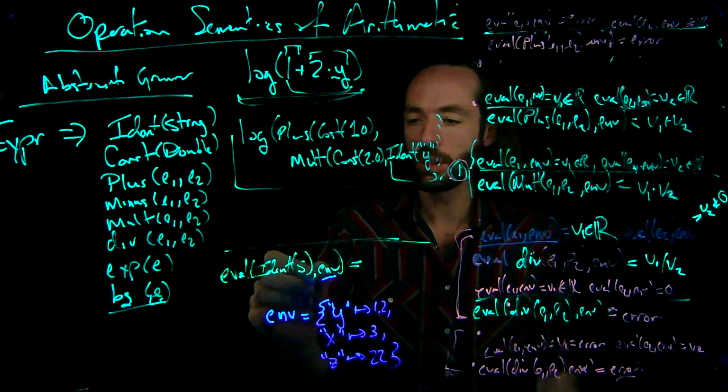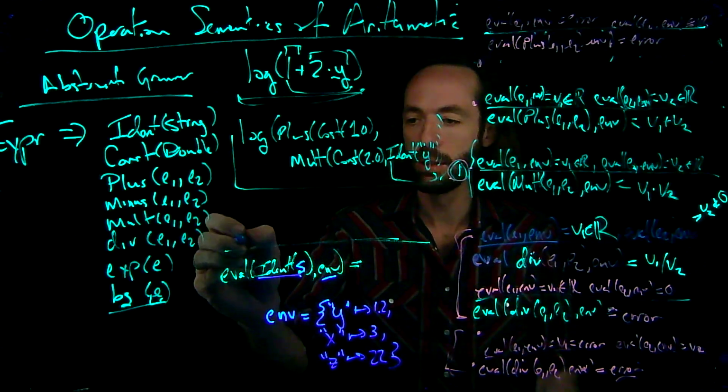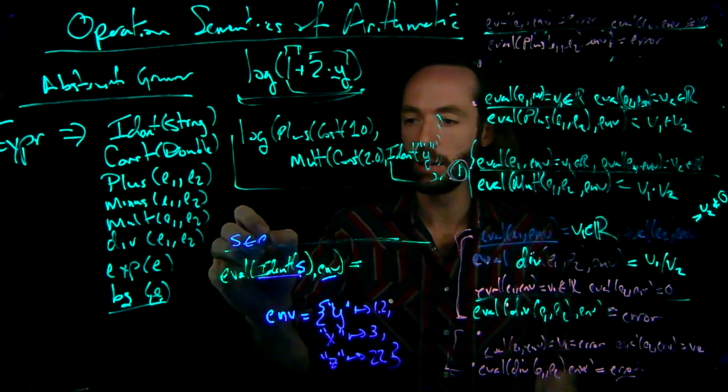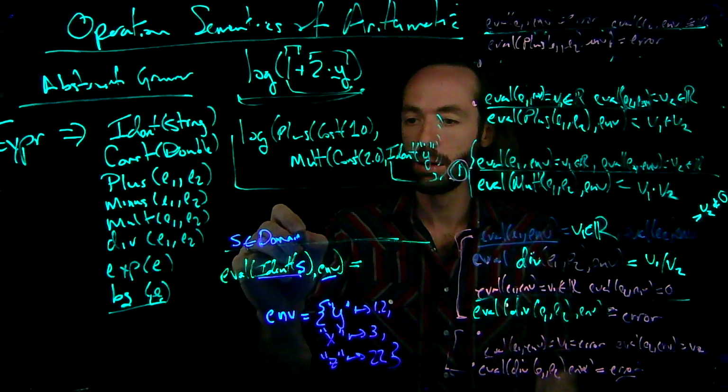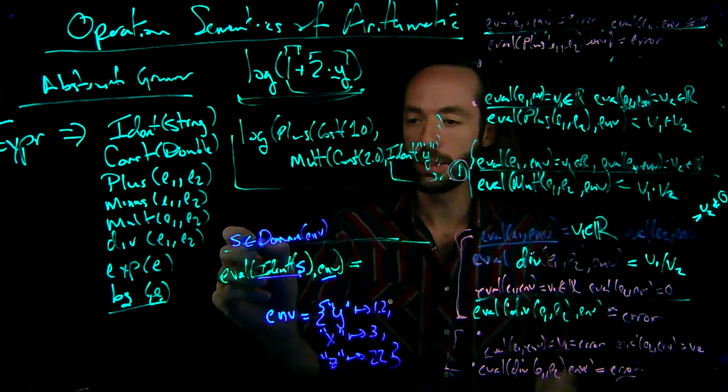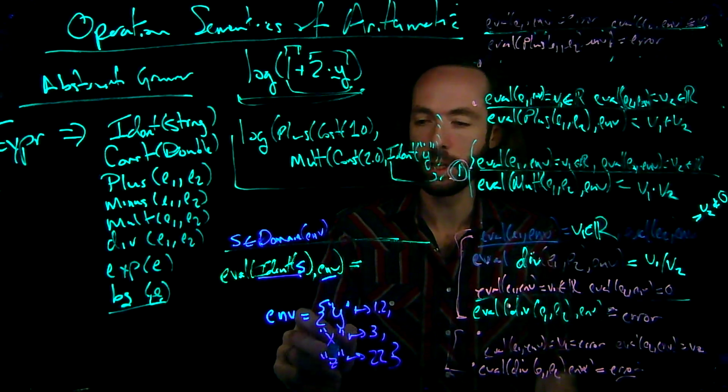So what's going to be our rule when we evaluate an ident whose identifier is called s? Well, we're going to look up whether s is in the domain of my environment. That says, is s one of the things on the left-hand side?